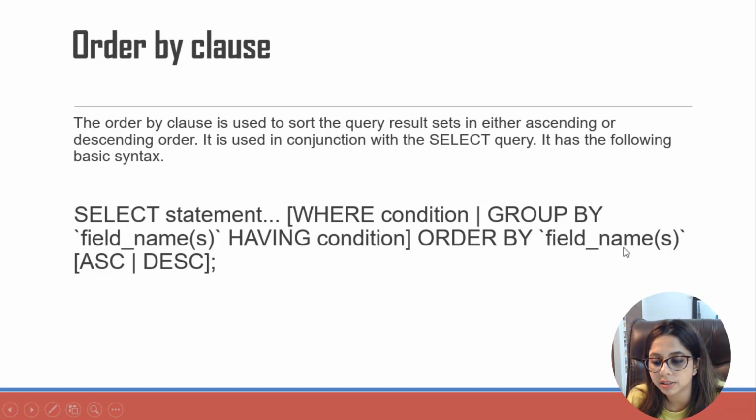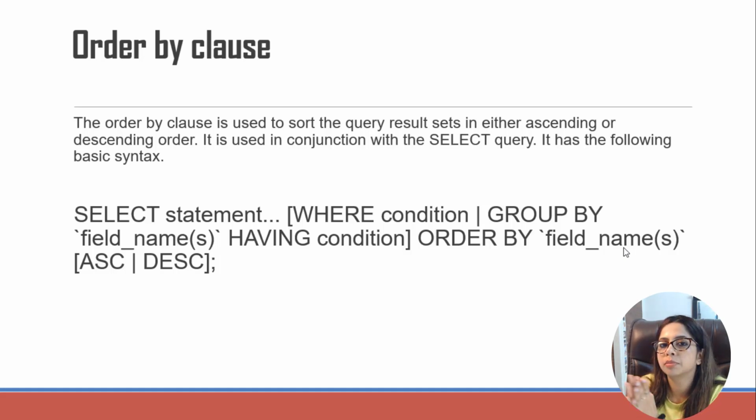Why this syntax has been mentioned here is because you have to remember that order by has to be the last clause in the entire select statement. If we are using group by and order by at the same time, the order by has to be the last one. This is a very important question, and a very commonly confused topic.